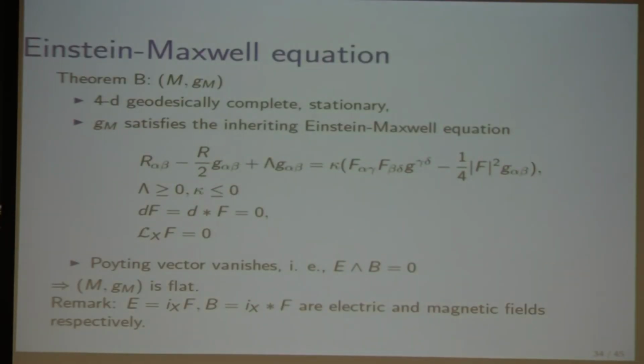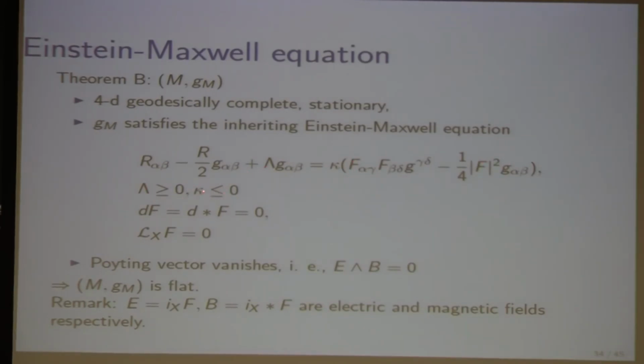Actually, we can extend our theorem. We can allow our equation to include other matter fields. For instance, we can include the electromagnetic field. Here is F, the electromagnetic field.